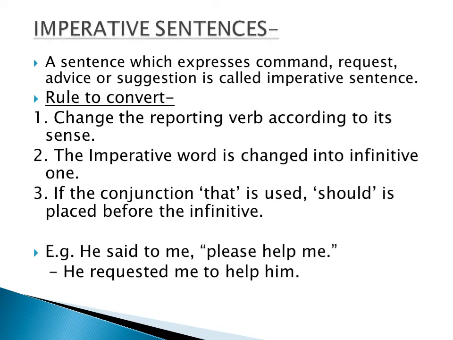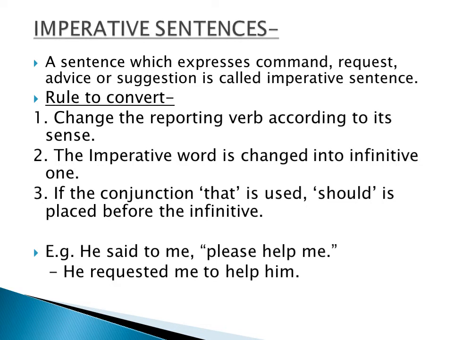Now we move on. Our next type of sentence is imperative sentence. A sentence which expresses commands, request, advice or suggestion is called an imperative sentence. Rules to convert it. Change the reporting verb according to it.